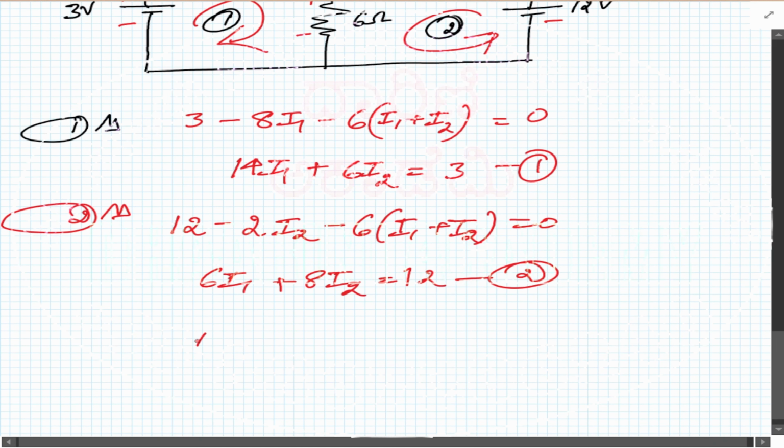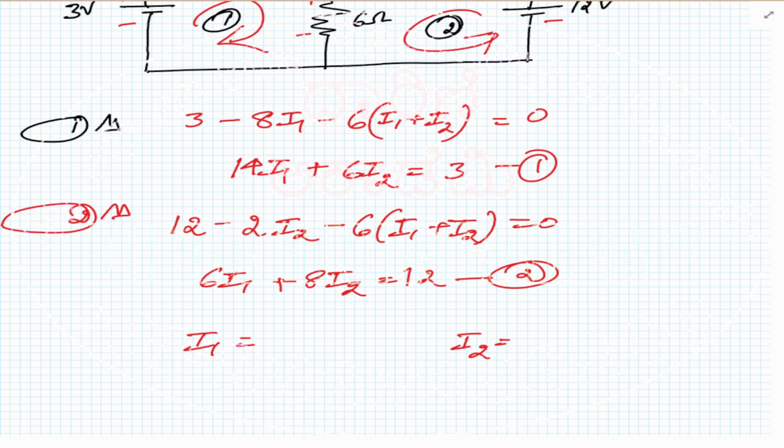So what we can do, we can simply solve it directly by using the calculator. Okay, so let me solve this now. Just move your calculator into the equation form, and we have two unknowns.